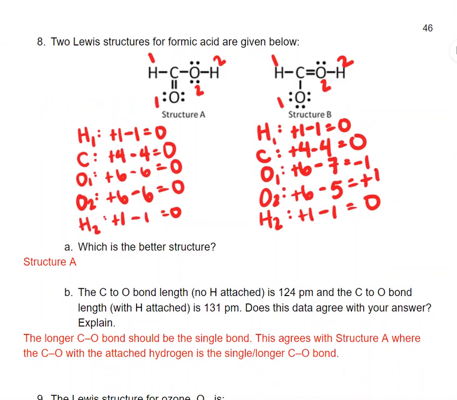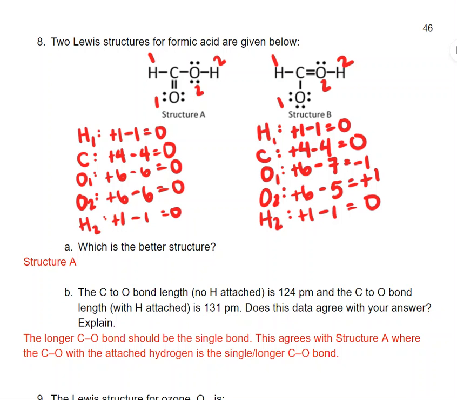Here are two Lewis structures for formic acid. Once again, I numbered the hydrogens and oxygens so it's clear which one we're talking about. In structure A, you end up with 0 formal charges, and in structure B, we get a +1 and a -1. So that means structure A is the better structure here.